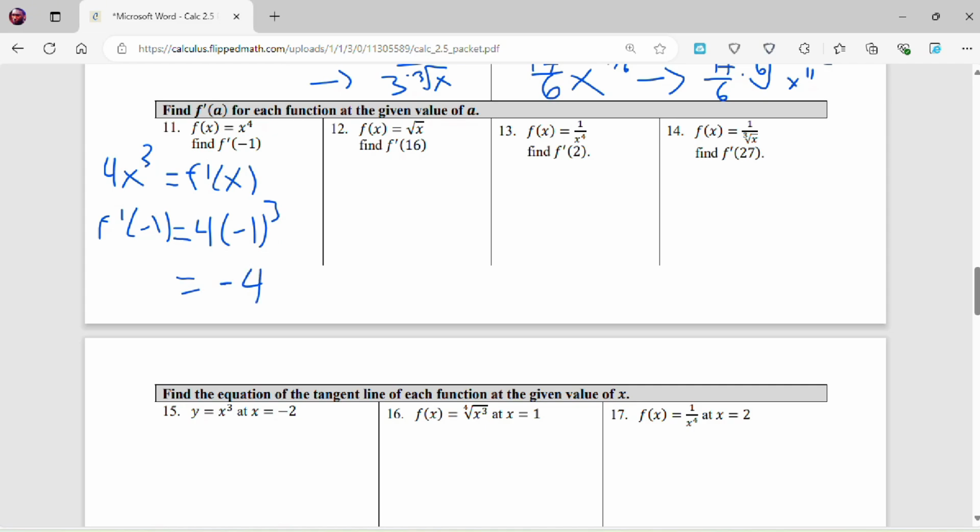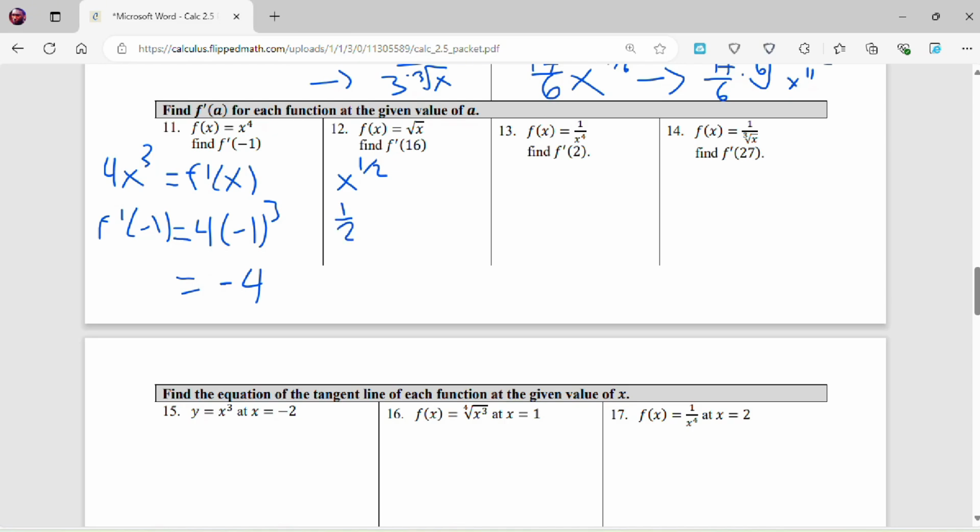Next one, f of x equals square root of x. Well, we know that a square root has a 2, right? So we're going to convert square root of x into x to the 1 half. Okay, now we are going to do the power rule.